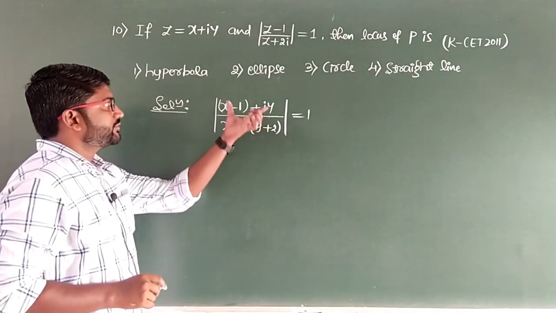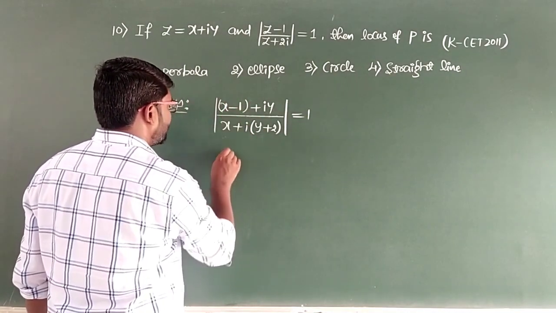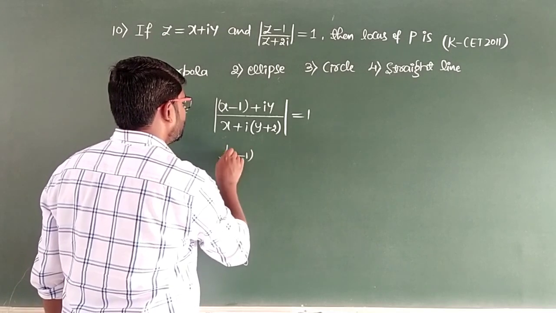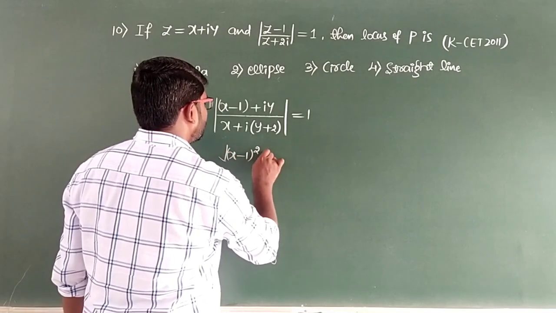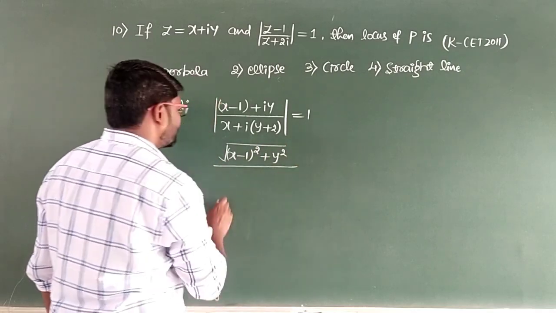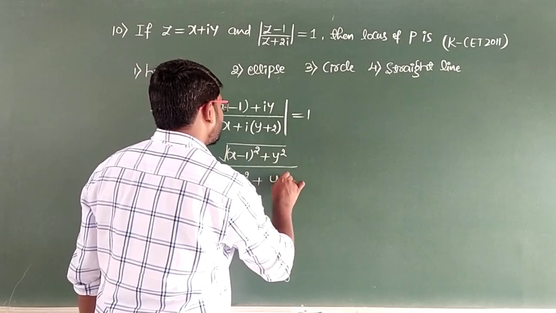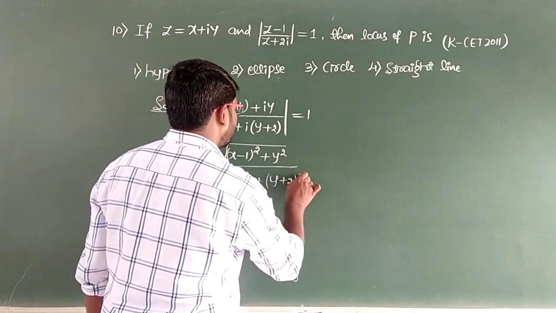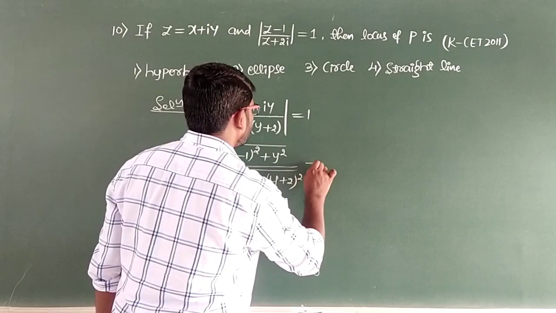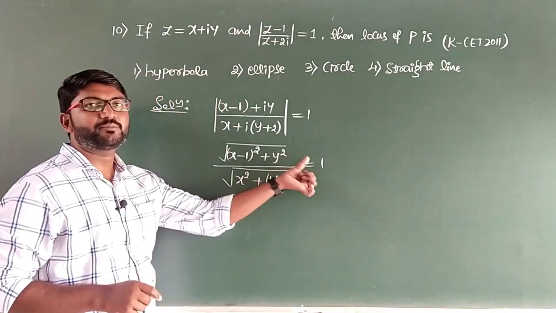Now take modulus to the numerator and to the denominator. So what do we get now? Square root of x minus 1 the whole square plus y square divided by square root of x square plus y plus 2 the whole square. This is equal to 1. Now in order to eliminate the square roots, square on both the sides.